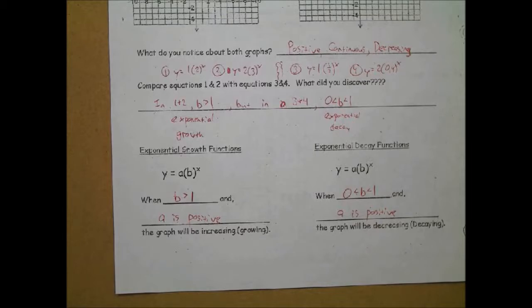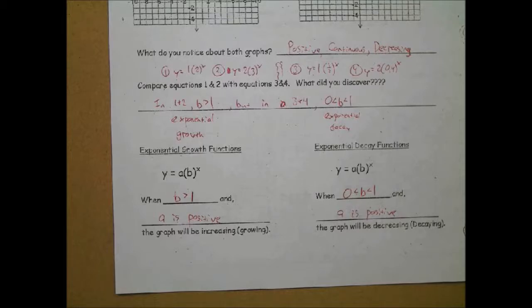What about if b is equal to 1? What is our graph going to be if b is equal to 1 here? Constant. Why? Because we're still multiplying, but what are we multiplying by every time? By one.